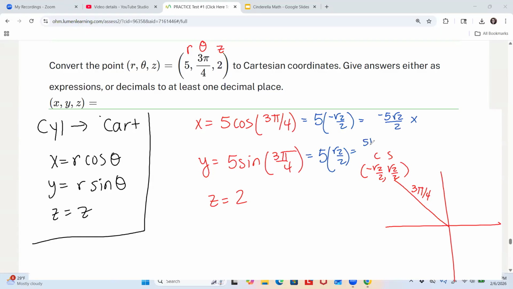So 5 root 2 over 2, that's y. So our final answer, negative 5 root 2 over 2, regular 5 root 2 over 2, and 2. x, y, z. It does say you could give decimals. I wouldn't, but you could.